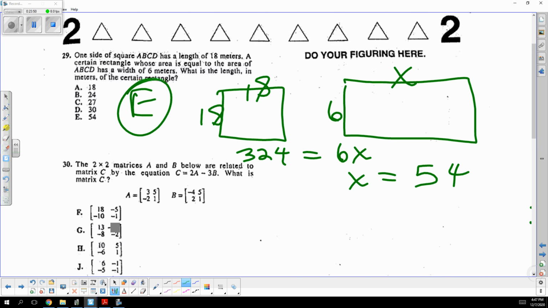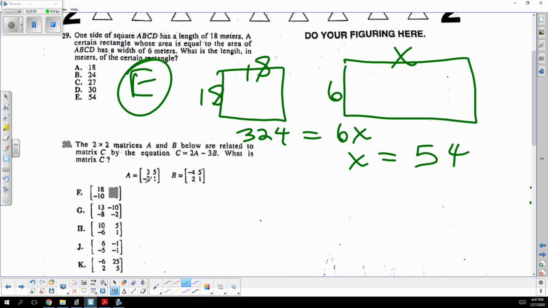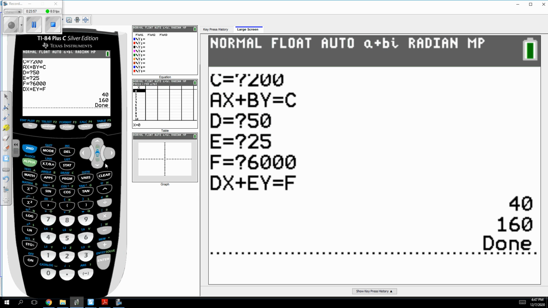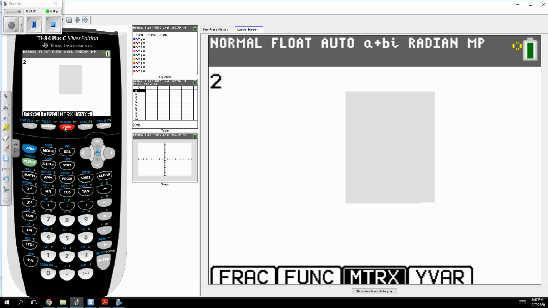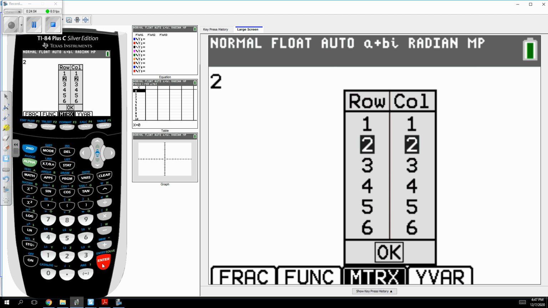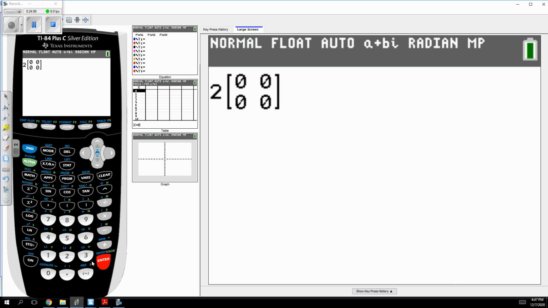Not a program, it's just an app. It's 2a minus 3b. So who can do it? Let's clear it. 2. You should be in 2 by 2 matrix to begin with. One of my tips in the class is to change it. So if you change it, you will get a different answer.